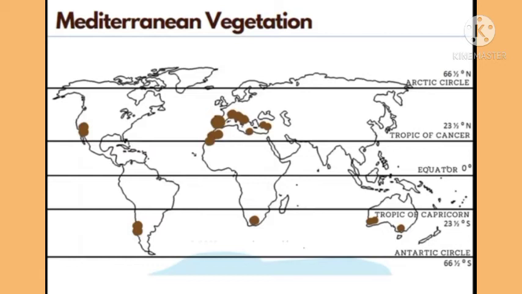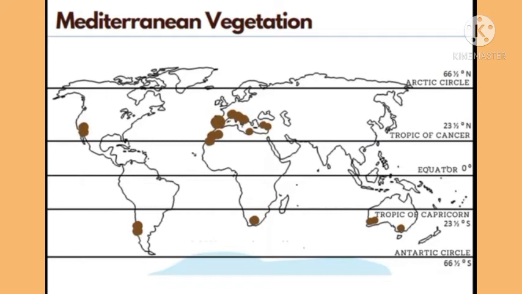It is mostly found in the areas around the Mediterranean Sea in Europe, Africa, and Asia, hence the name. This kind of vegetation is also found outside the actual Mediterranean regions, in California in the USA, Southwest Africa, Southwestern South America, and Southwest Australia.